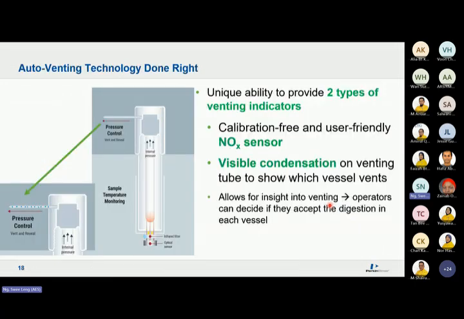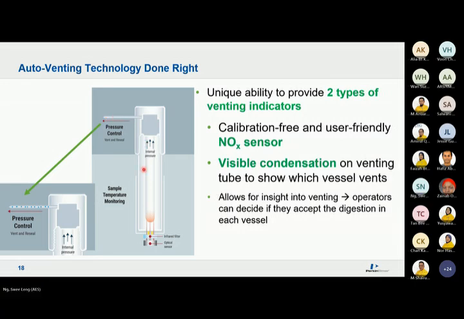Right. And in terms of the auto-venting vessel, which has a spring cap, when the pressure builds up, this spring cap will open and release the pressure. Same as others, but we do it differently. We do it right. What do we mean by doing it right? On the cap, we put a Teflon tube.